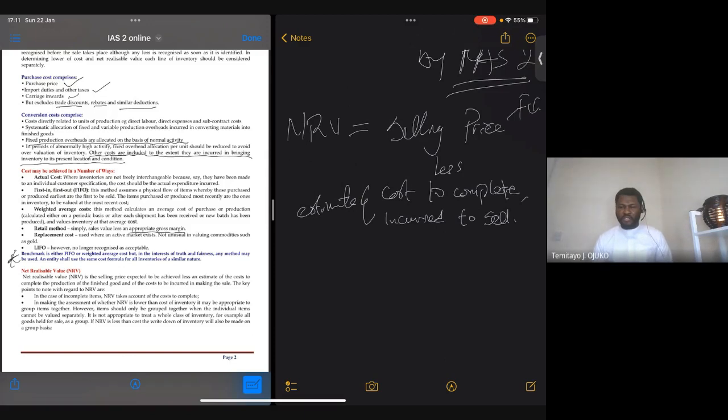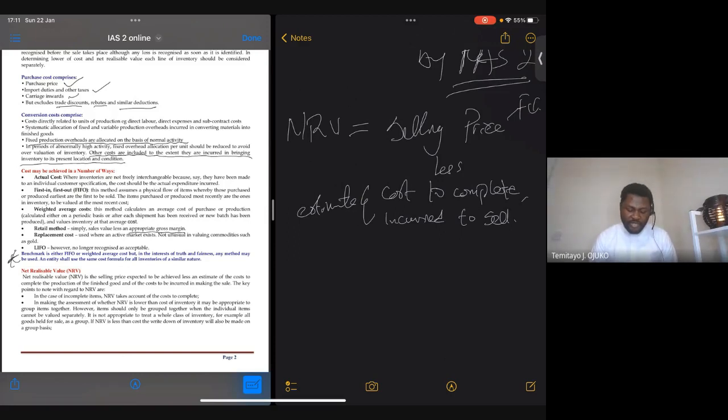The fair value is likely going to be the fair value of a finished good. Then you take into consideration that my inventory is still work in progress. How much do I need to spend to complete it so that I can form a basis for comparing it with the fair value of the finished goods? Then what is the cost I'm going to incur to sell it?